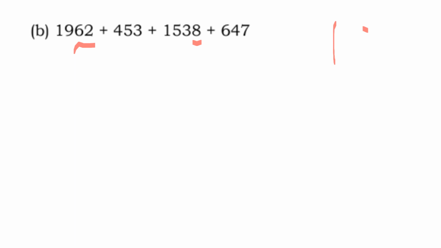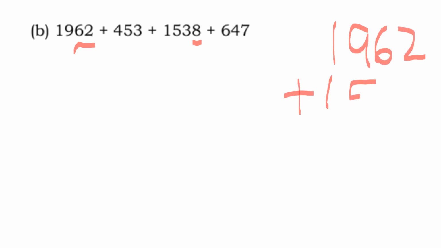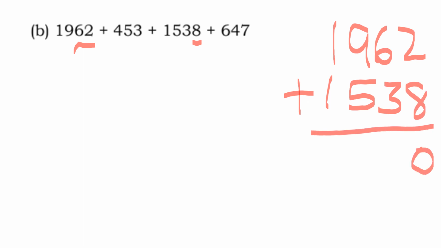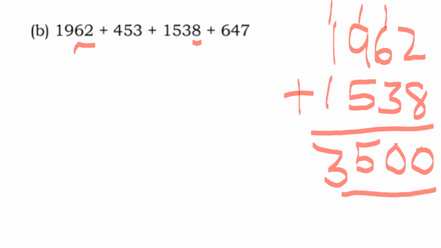So 1962 and 1538, if I add, I will get 0 at the unit place. 8 plus 2 gives me 10, carry over 1. 6 plus 1, 7. 7 plus 3, 10. Carry over 1. 9 plus 1, 10. 10 plus 5, 15. Carry over 1. 1, 2, and this comes to 3500. So these two numbers add up to 3500.